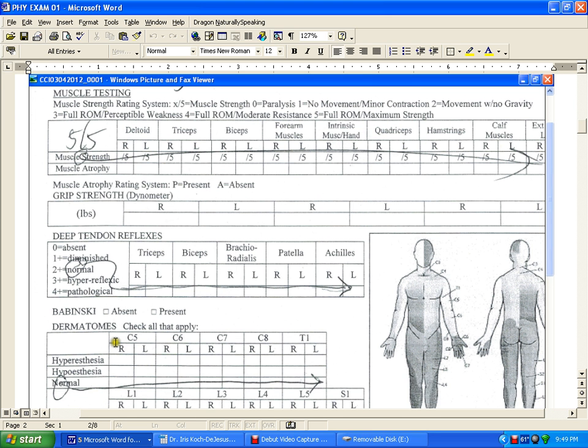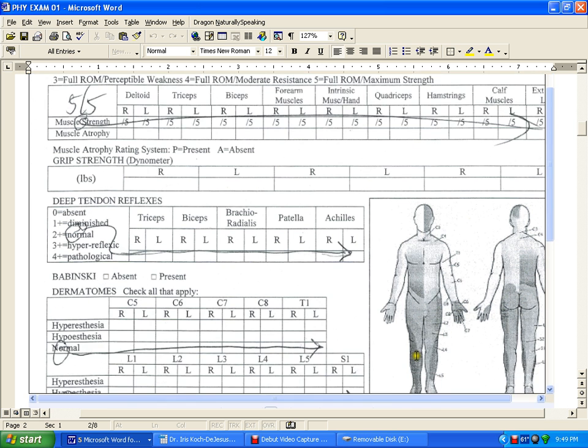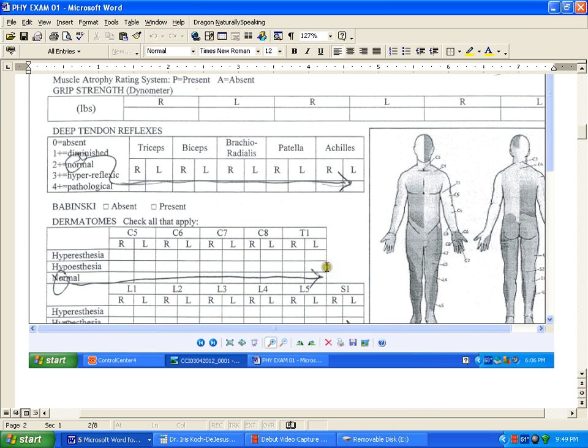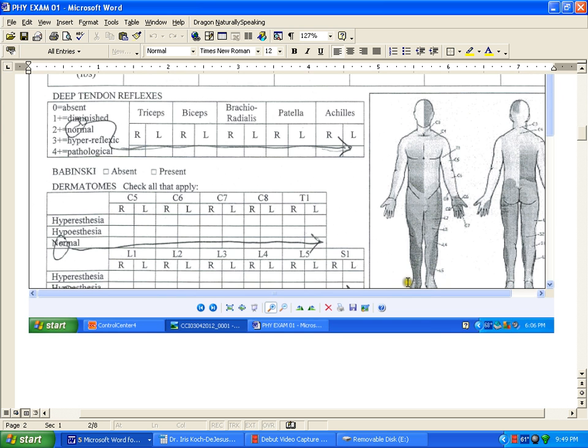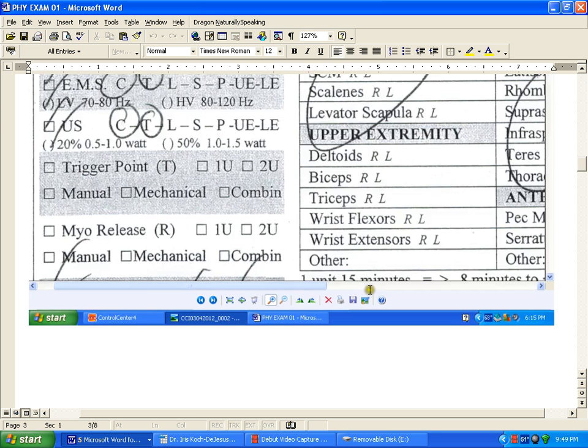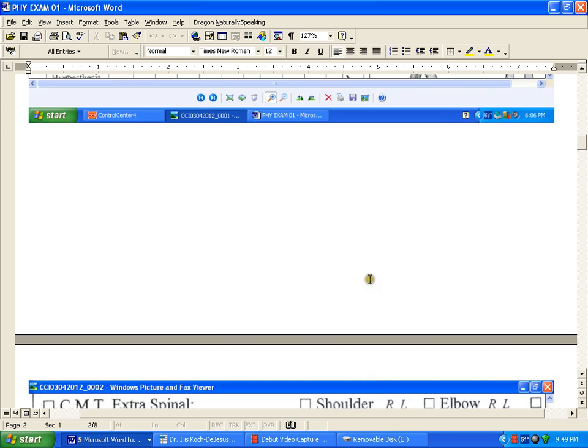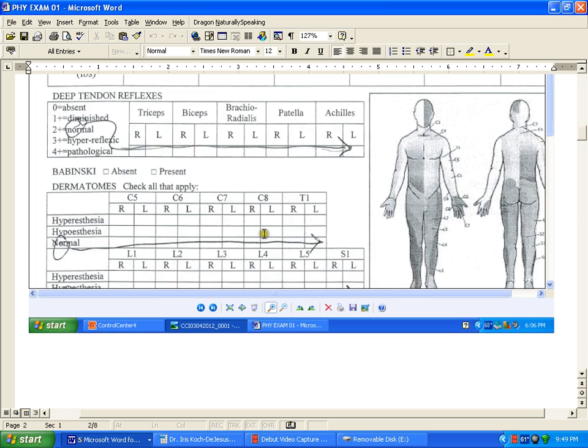Where it says dermatomes, it says normal, and it goes all the way across. It's just for the upper extremities.